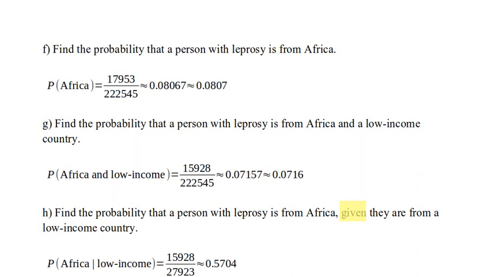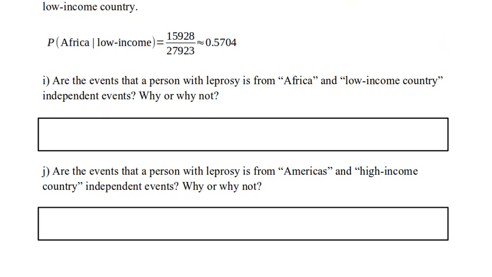So what this means is that if you are from a low-income country and have leprosy, 57% of those folks are from Africa. Now let's ask perhaps the more interesting question, and that is whether these events affect each other. So in question number I, we're asked, are the events that a person with leprosy is from Africa and a low-income country independent events?